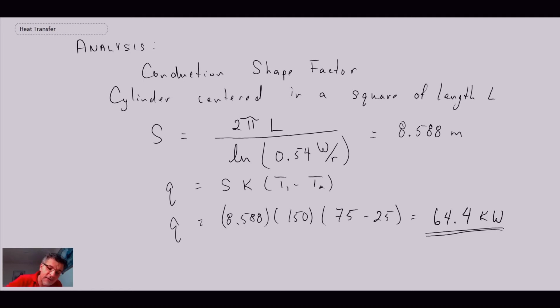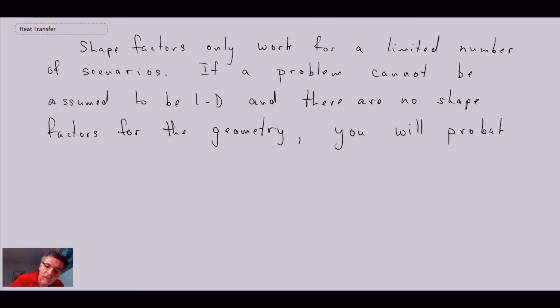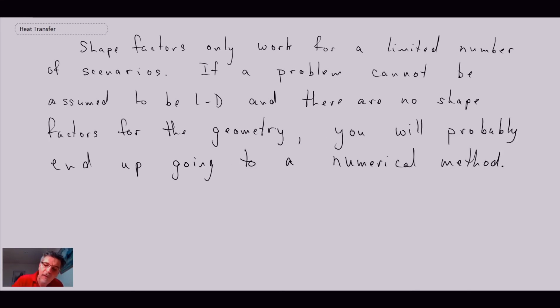But again, the biggest trick is to ensure that you have a shape factor for the particular shape or configuration that you're looking at. One thing to say is that shape factors only work for a limited number of scenarios.